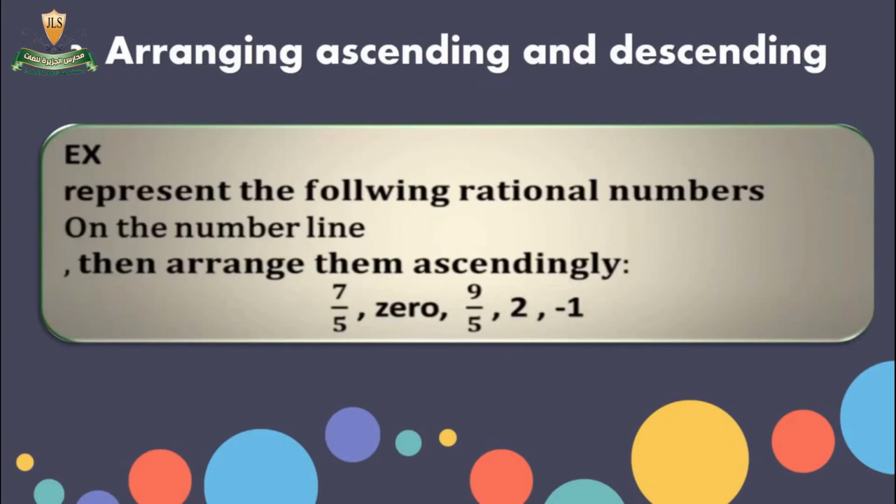Okay, number 3. We will learn how to arrange rational numbers in ascending or descending order. For example, represent the following rational numbers on the number line, then arrange them ascendingly.